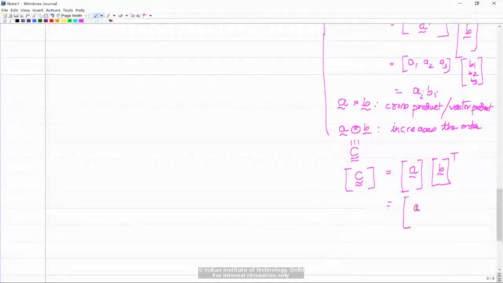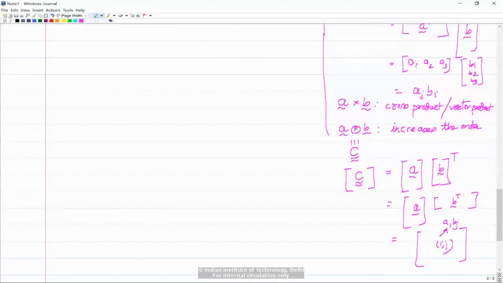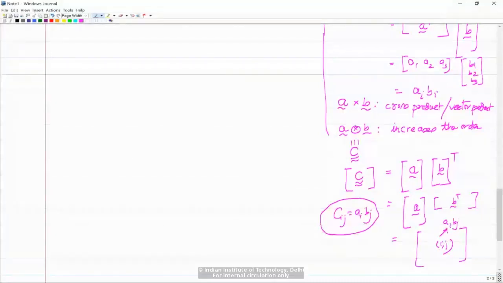So this means you have A multiplied with B transpose, and what you get is indeed a matrix whose ij component is simply Ai into Bj, right? So basically Cij is Ai times Bj. Okay, so that's the meaning of tensor product.